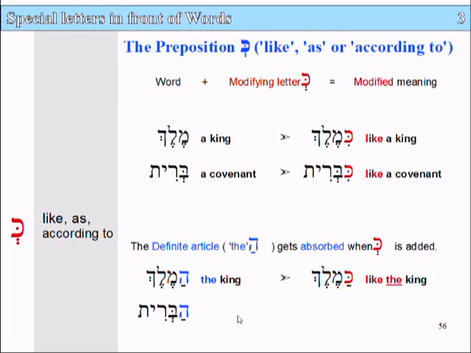Another example, habarit, the covenant. When we add the kaf to the front, we get kabarit.